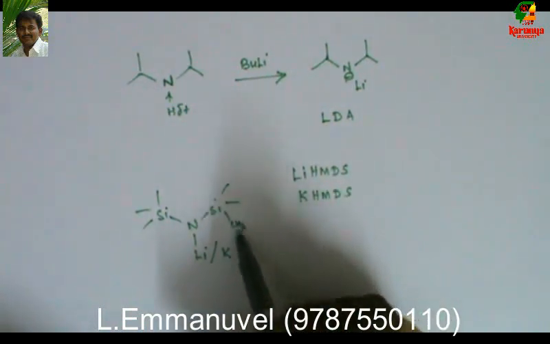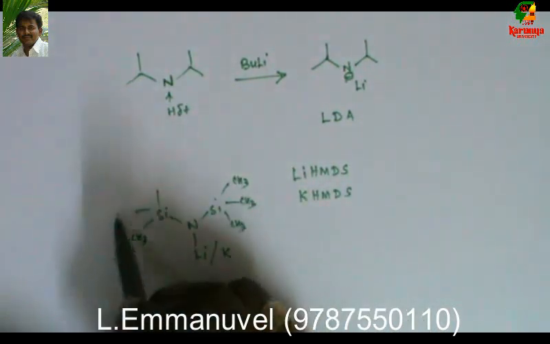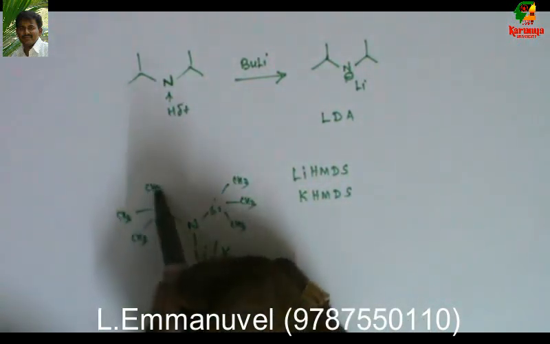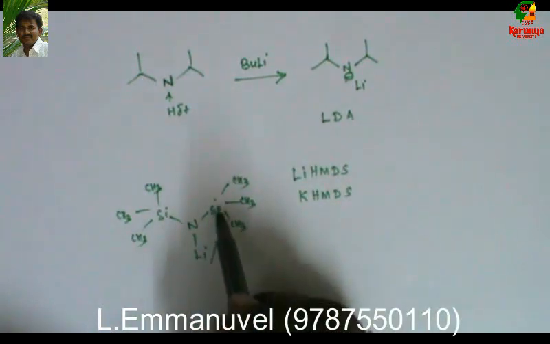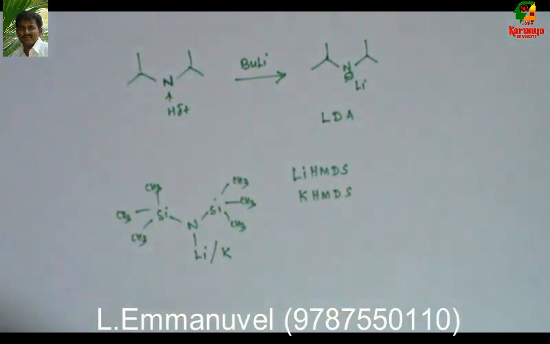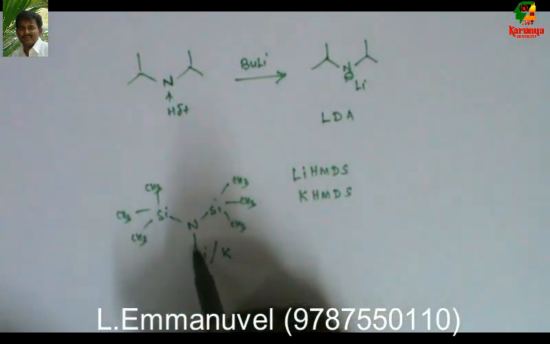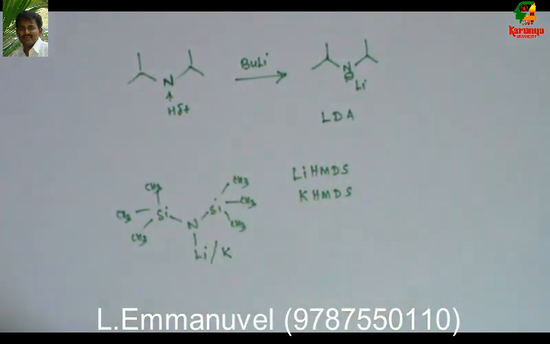There are 6 methyl groups, so hexamethyl; disilyl, 2 silicon atoms; amide, N minus. It is generated by the same reaction. The hydrogen will be taken by a base like butyllithium to give the product.